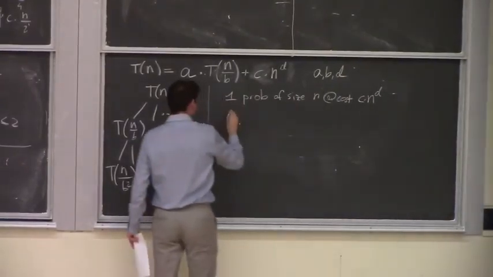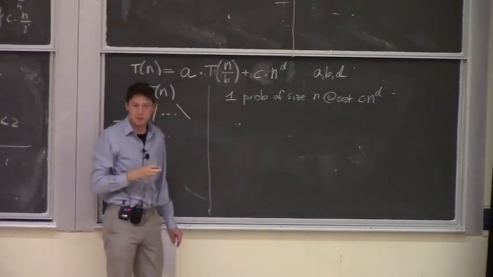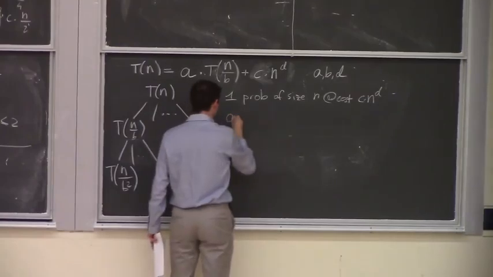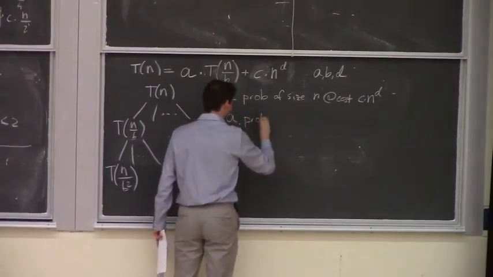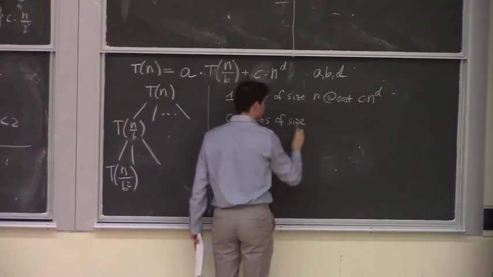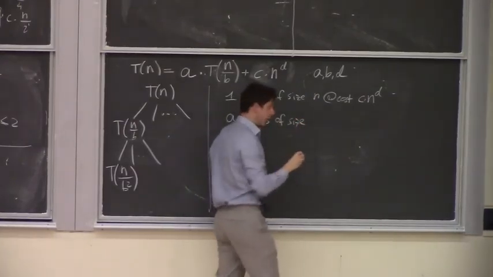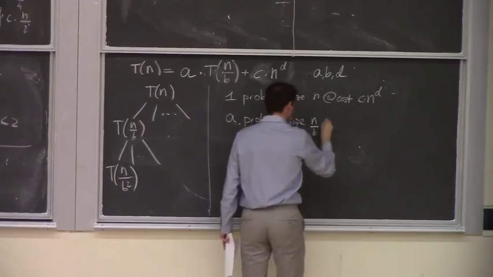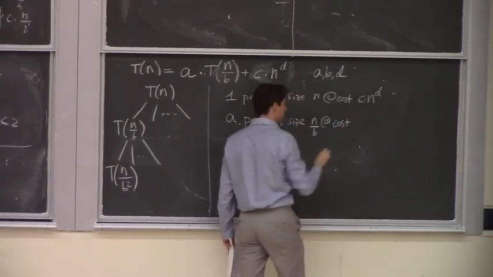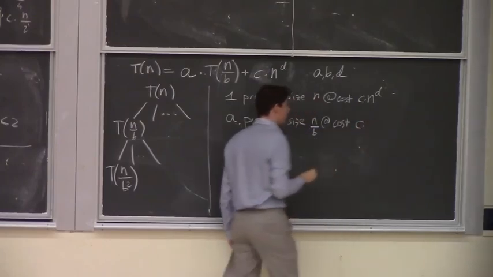So then what is the next number of problems? A, right? Not B. So we have A problems of size n over B at the cost, so what's the cost now? C times what?